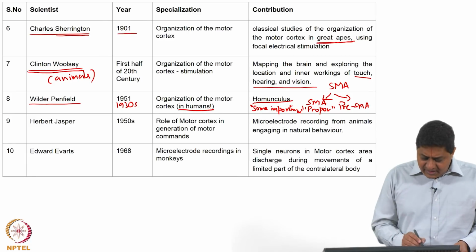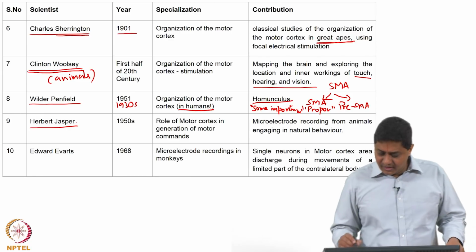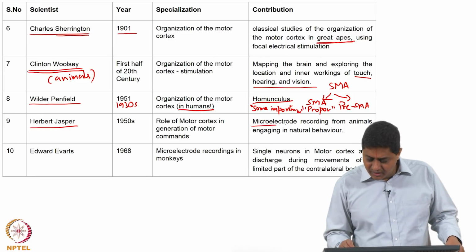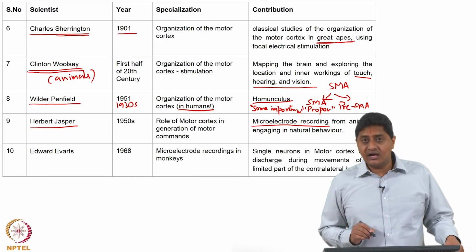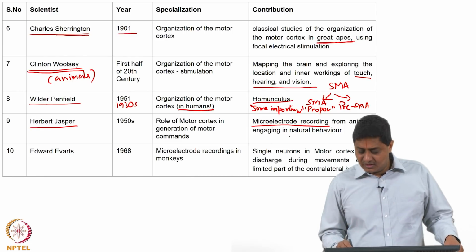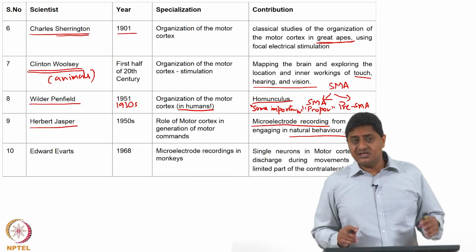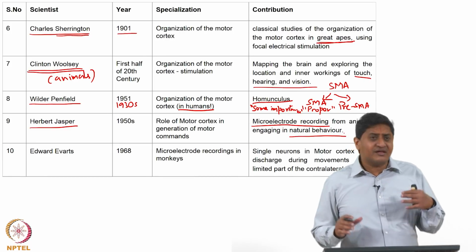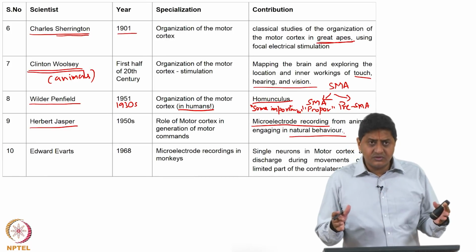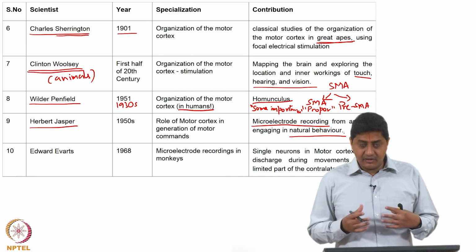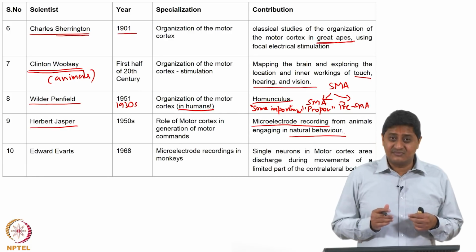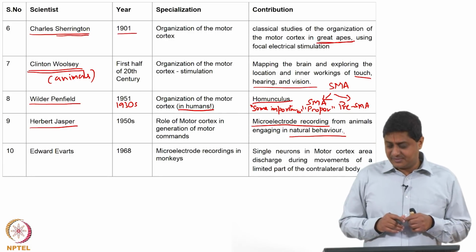And then later in the 1950s, Herbert Jasper came up with this approach where you can record from live behaving animals. So, now that is revolutionary, because these animals are behaving as they would otherwise do. They are live and moving, they are not anesthetized, they are not undergoing surgery, for example.